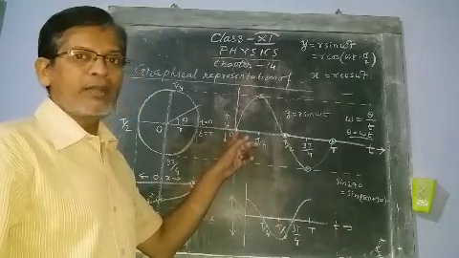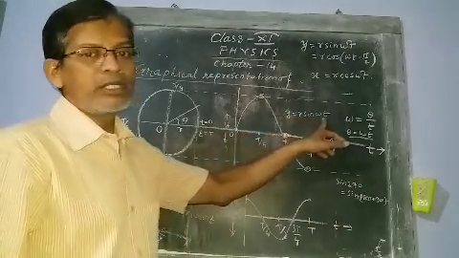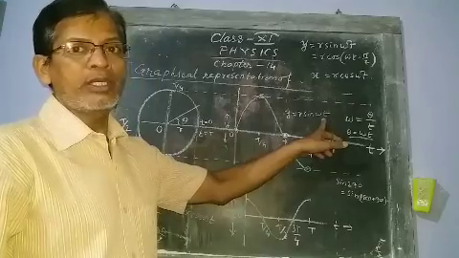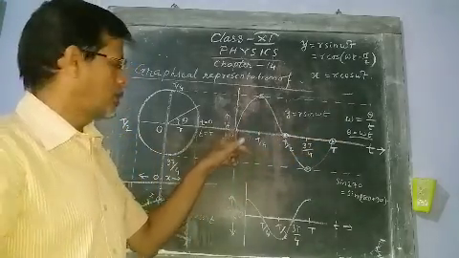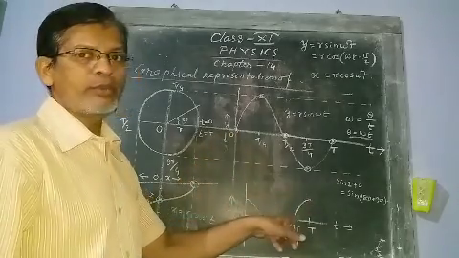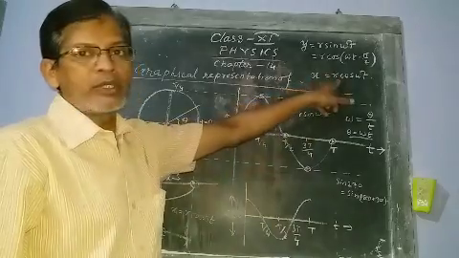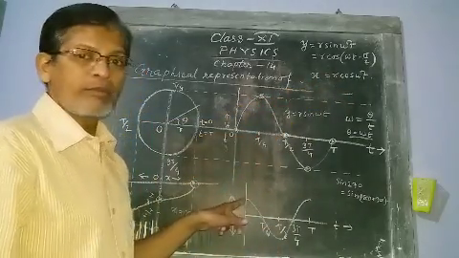This is the sine curve because the equation is with sin theta, and it starts from 0. And this is the cos curve because it is obtained from this equation, and it starts from the maximum position.